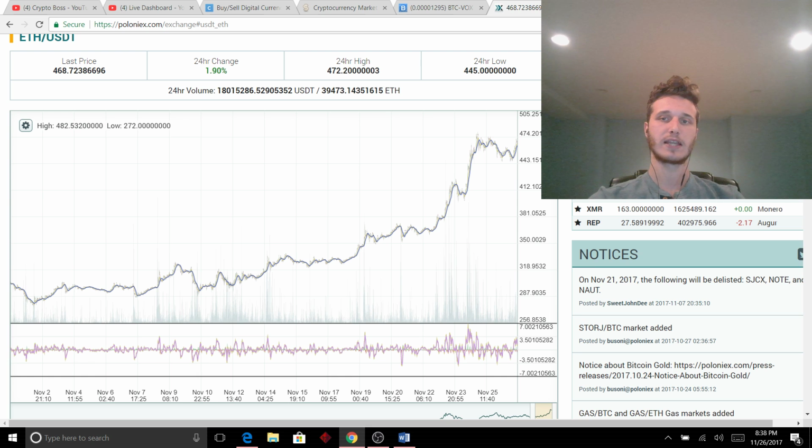Out of my last purchases with US dollars, I've been buying and selling other currencies, which you trade with Bitcoin. If you have a Bitcoin balance, you can buy any of the other currencies in exchange for Bitcoin, and then you can sell them back in exchange for Bitcoin if you want to sell them.